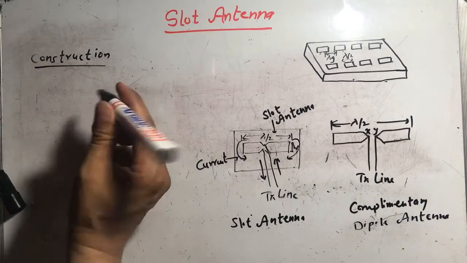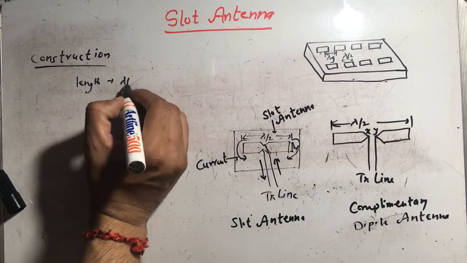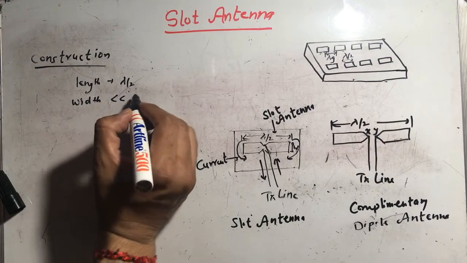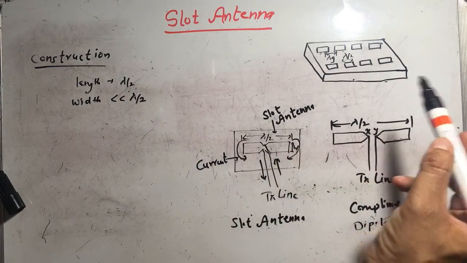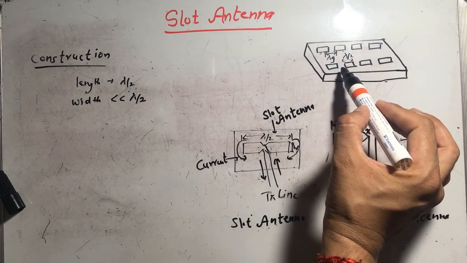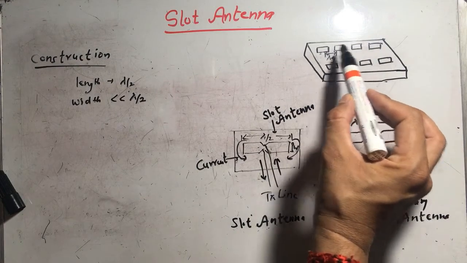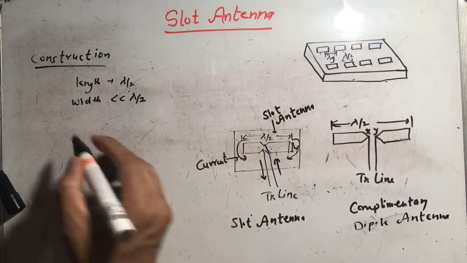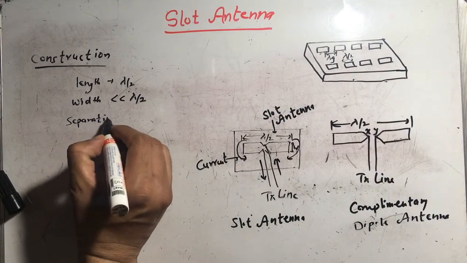So its length is going to be lambda by 2 and its width will be very less than lambda by 2. Now the signal to the slot is provided at the center or off the center, and the separation between two slots is equal to lambda g, as shown here.